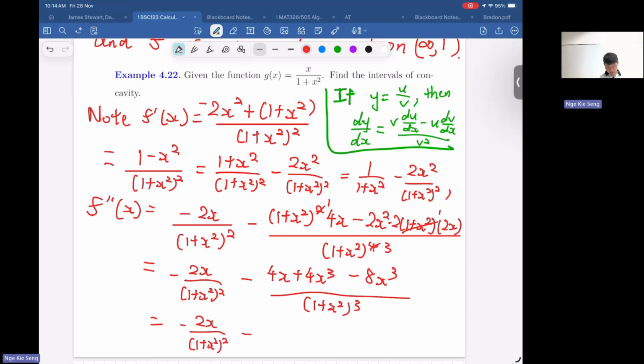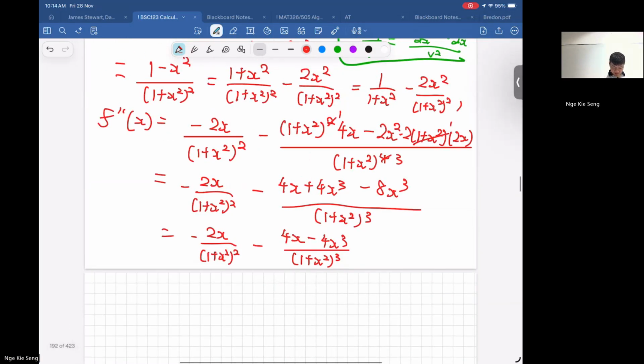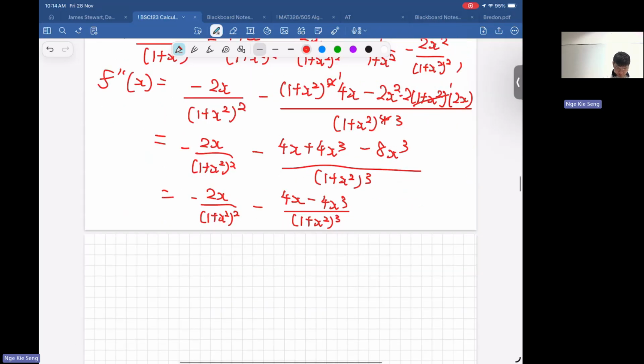Minus 4x, x minus 4x cubed, plus x. I think we simplify further. How about we simplify further?